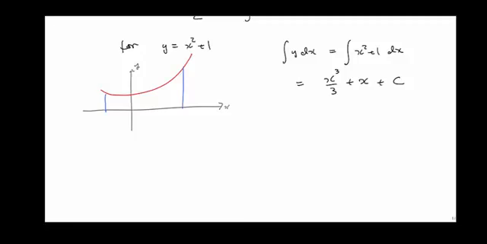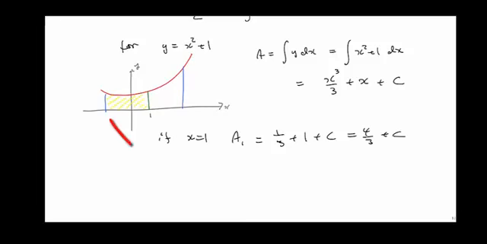Now if we substitute the value 1 for x, then the area would be 1/3 plus 1 plus c, which is 4/3 plus c, and that's the area up till 1, which can be this area here from some arbitrary value over here.